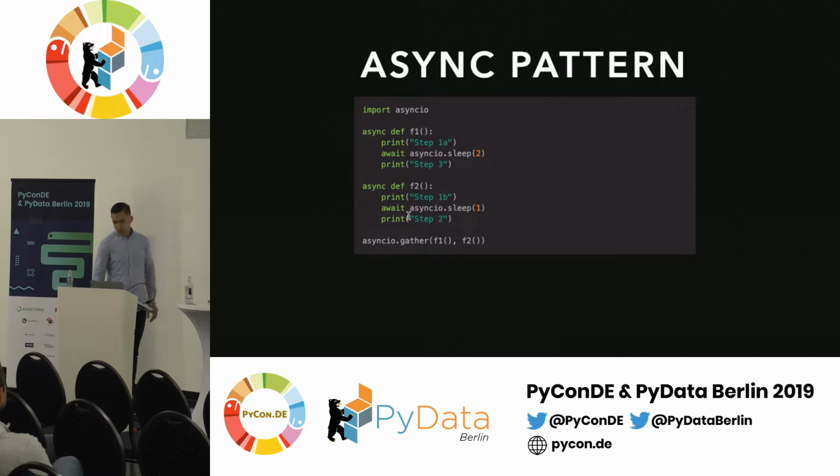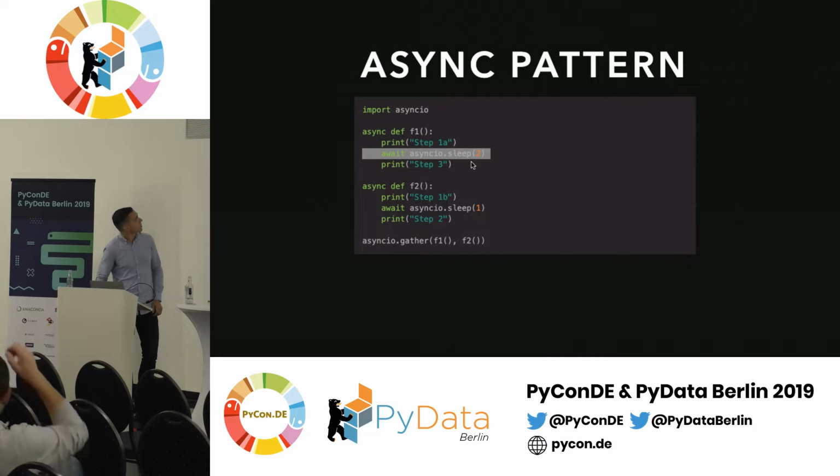So in this case, we declare 2 of these async functions, in which the execution jumps from one to the other based on a sleep statement, continues in the second, and then goes back to the first.